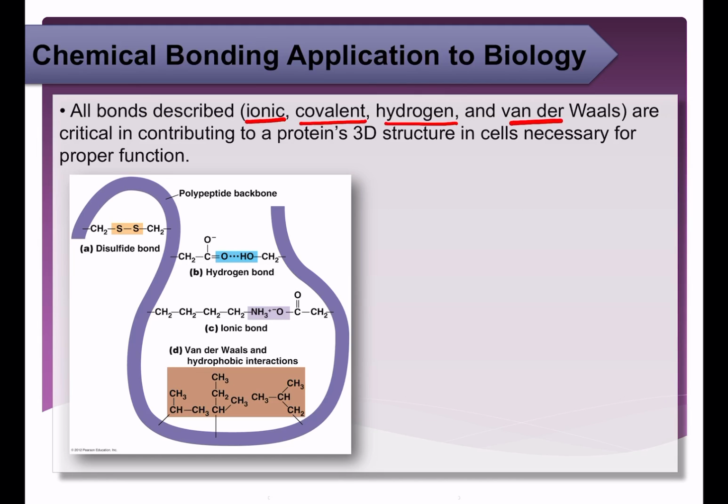And then you have van der Waals as your fourth type of chemical bonds or interactions, which is the weakest of the four, based on asymmetrical distribution of electron clouds, okay? So those, in addition to others that we have not talked about, and I'm sure you'll visit the others in chemistry, all of those interactions can contribute to one of the major biomacromolecules we will discuss in the next chapter, proteins, okay?